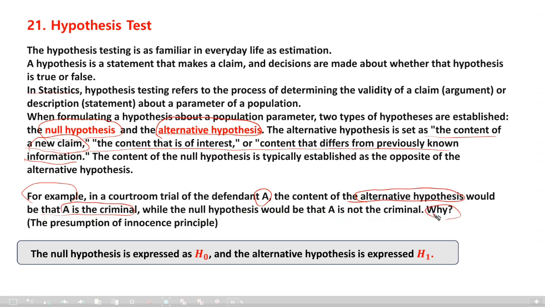Why? The presumption of innocence principle. The null hypothesis is expressed as H0. The alternative hypothesis is H1. Get it?